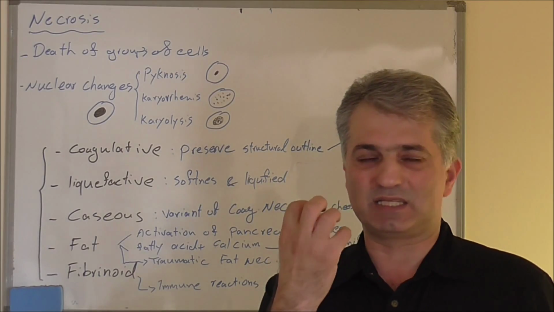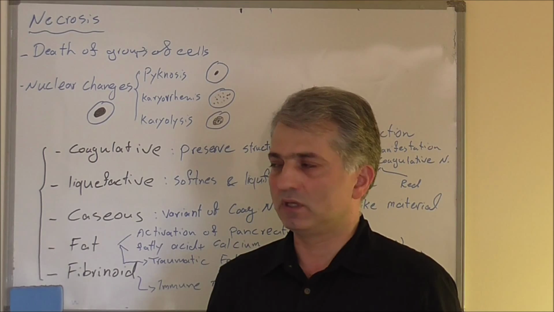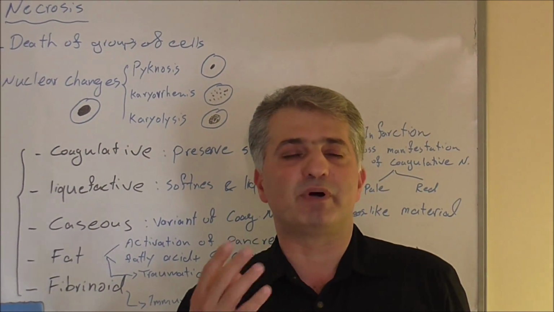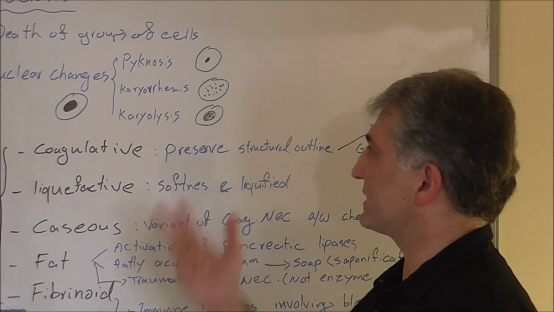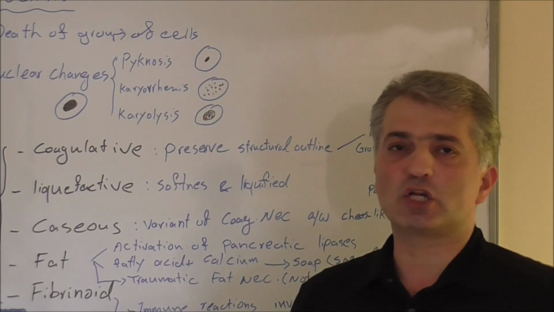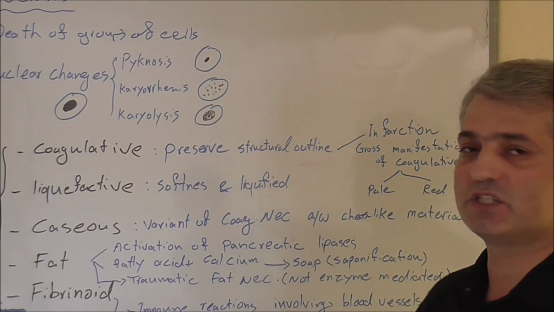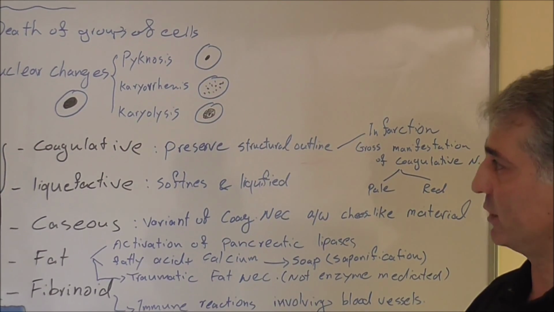That means the density, when you do hematoxylin and eosin staining, the nucleus will be pale compared to the normal cell. And lastly is karyorrhexis. As you can see, the nucleus will be fragmented. These are the three different changes that will happen to the cell nucleus during necrosis.